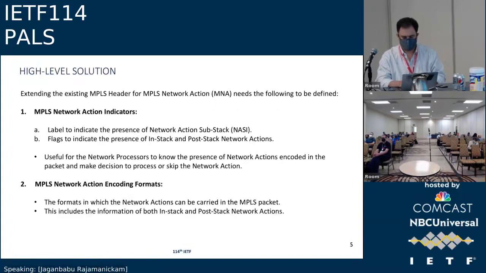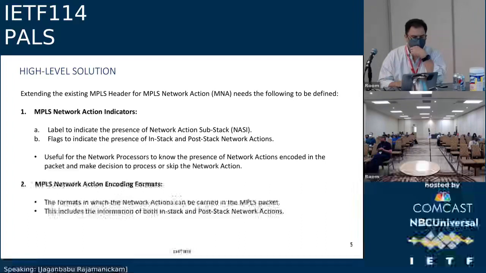As part of the high-level solution, this is the approach we took to come up with a solution for MNA header encoding. To extend the existing MPLS header for MNA, we need two main things. The first one is the MPLS network action indicators. At the top level, we want a label to indicate the presence of the network action substack, and the next one is a little more granular, where we provide flags to indicate the presence of in-stack and post-stack network actions.